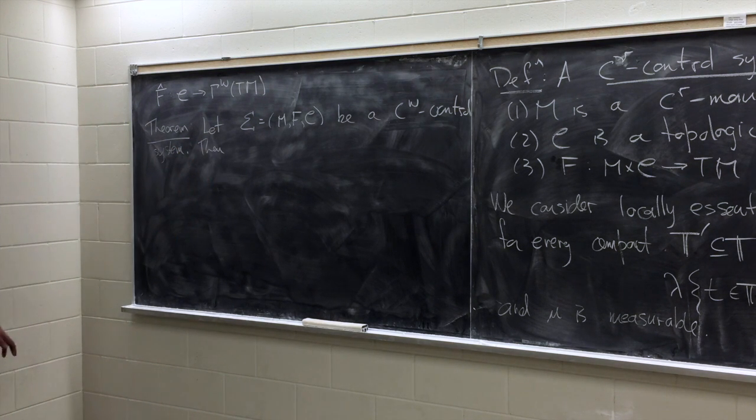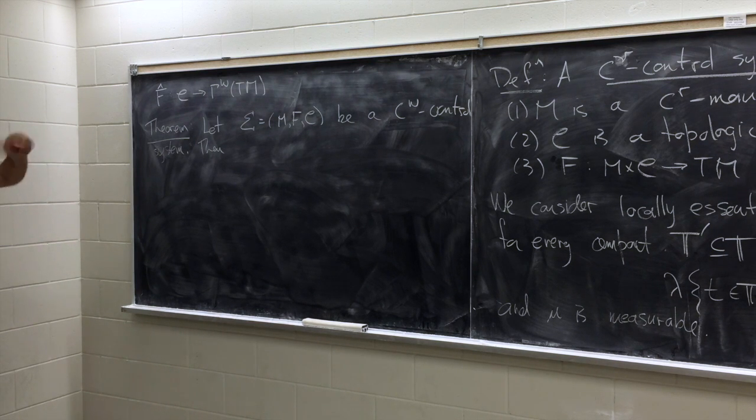All right, so there are two parts of the result. One part is, if you take a holomorphic control system that restricts to some real control system, you can ask, is that real control system a C omega control system?